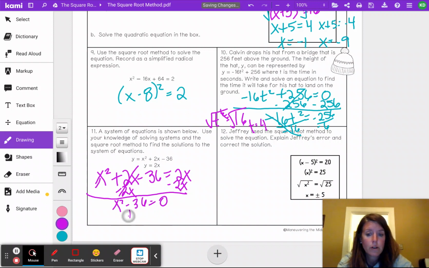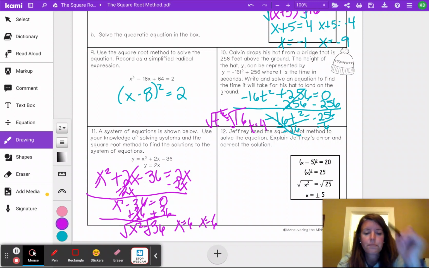And I'm going to add 36 to both sides. And then I've got x squared equals 36. Square root of both sides. X equals 6. And x equals negative 6.